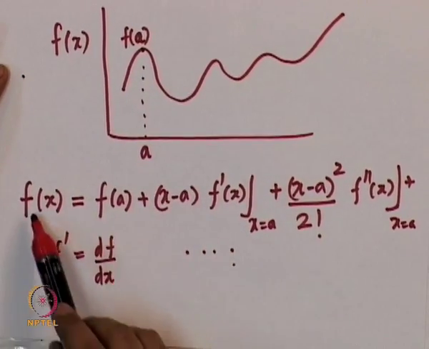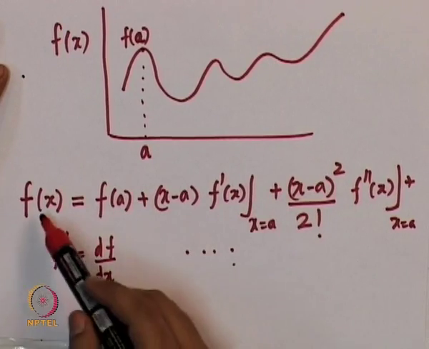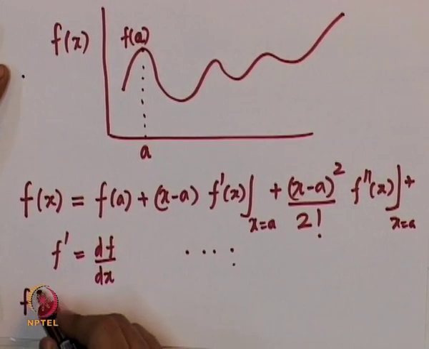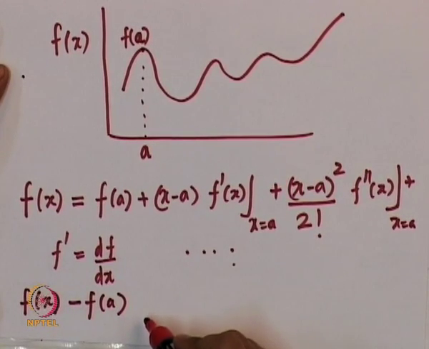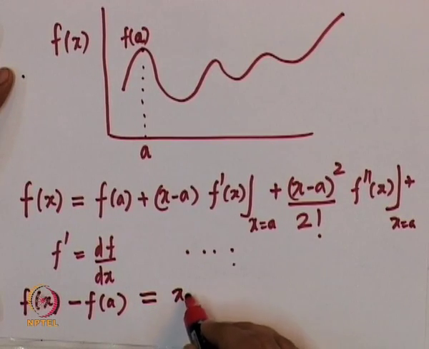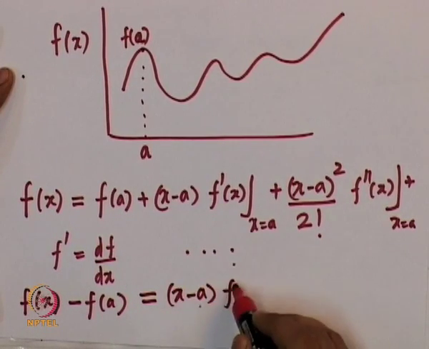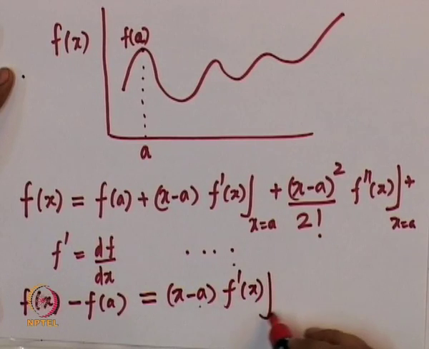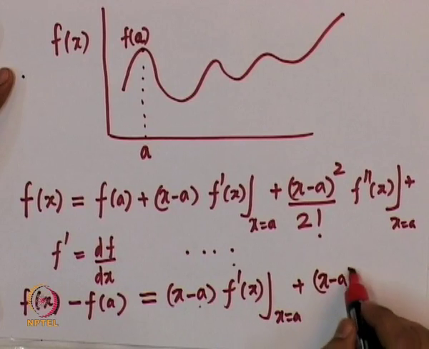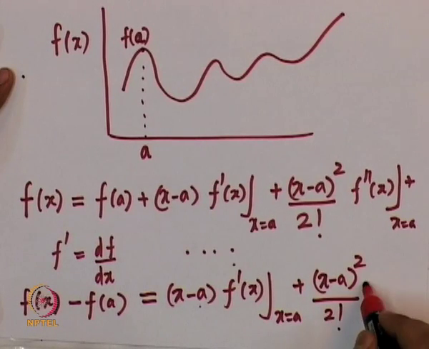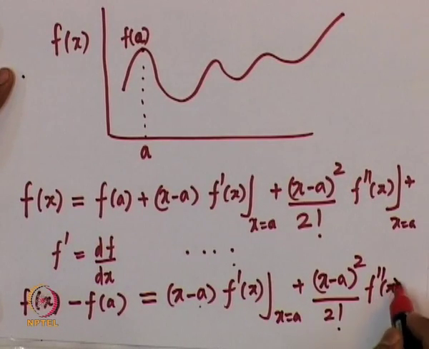To do that, let us rewrite this part a little bit differently. So, f of x minus f of A, I have taken f of A onto this side, is nothing but x minus A times f prime of x at x equal to A plus x minus A whole squared by 2 factorial f double prime of x at x equal to A plus so on and so forth.